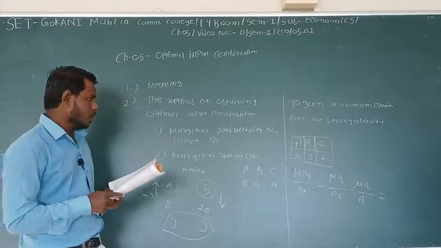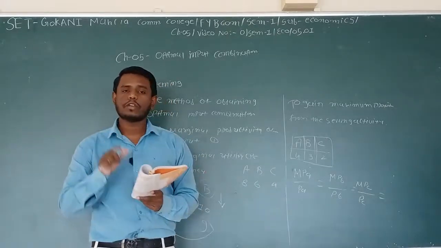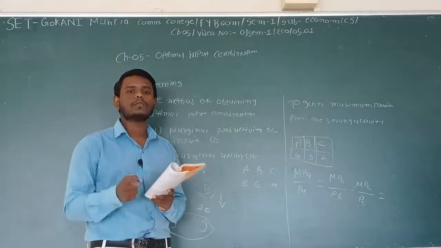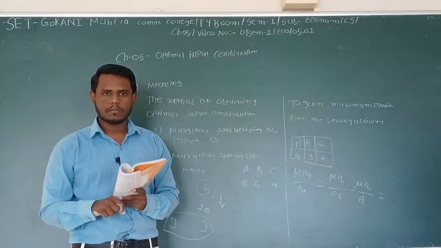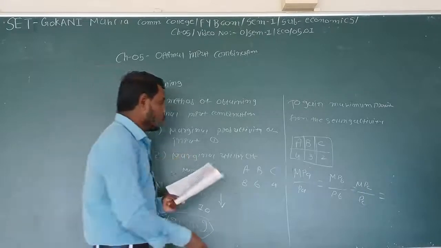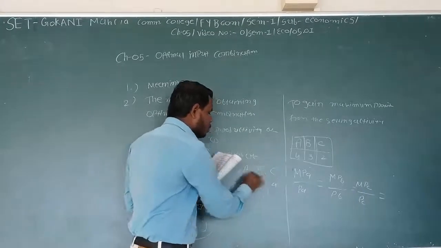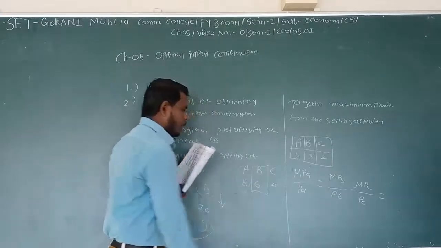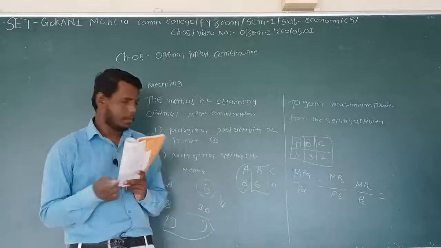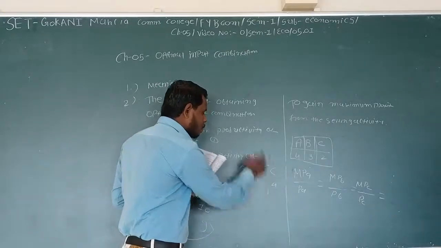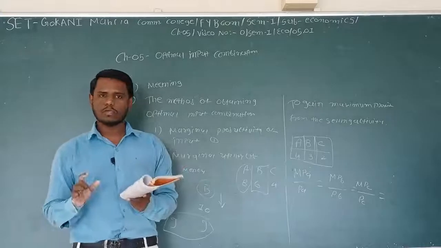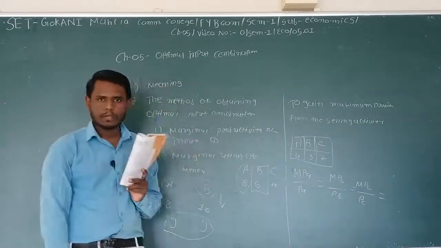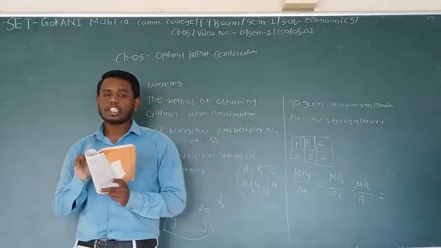Say, for example, if you make changes and try to get the optimal input combination, and when you try to decrease this thing, the price of input A changes, that is not acceptable.